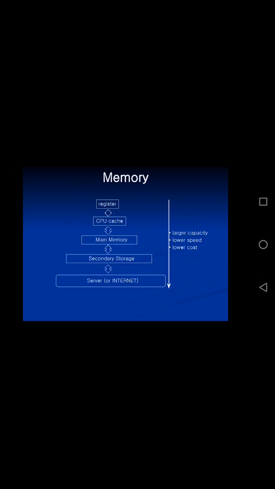So after the CPU cache, it is main memory, which has larger capacity than cache memory, and secondary memory is at level 4, whose size is bigger than main memory. Beyond secondary storage, an even larger size is served by the internet.